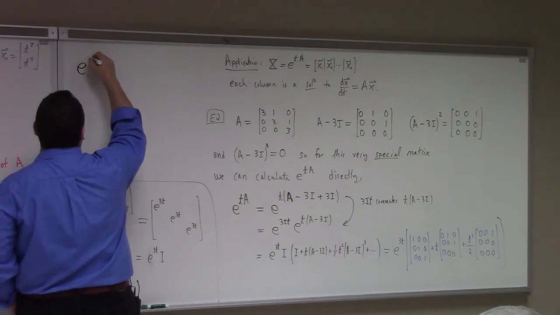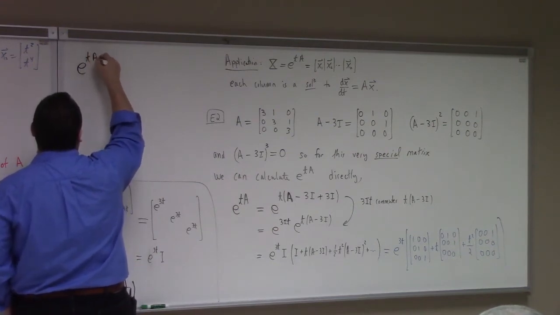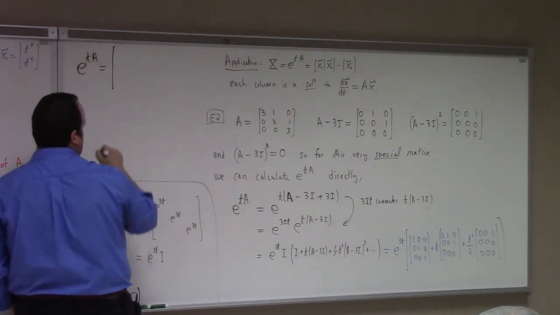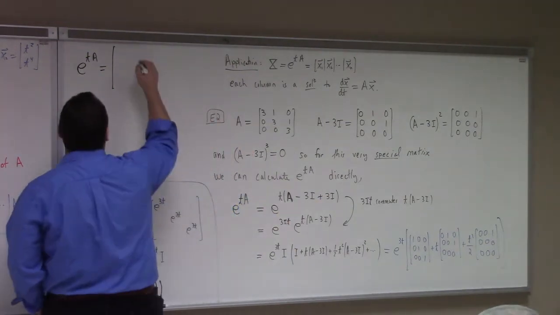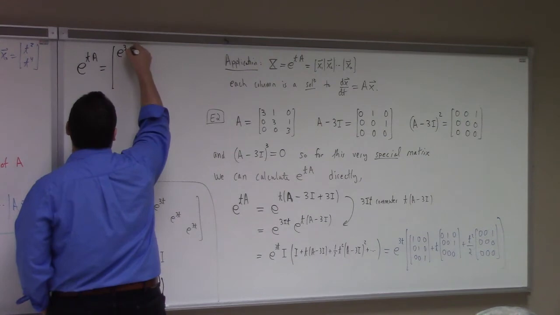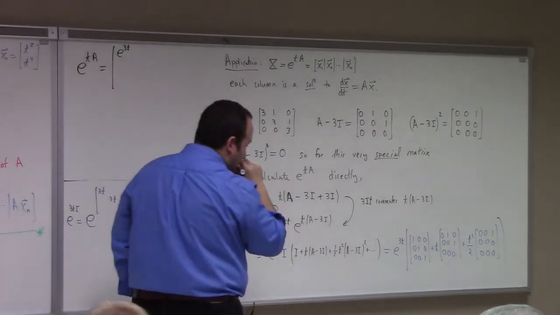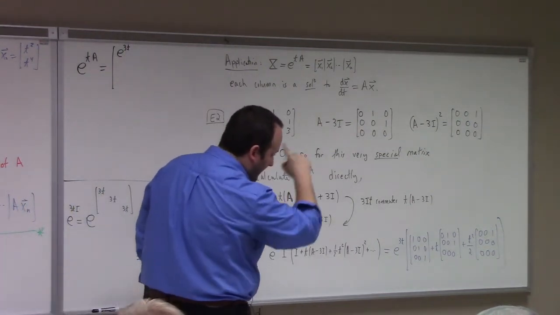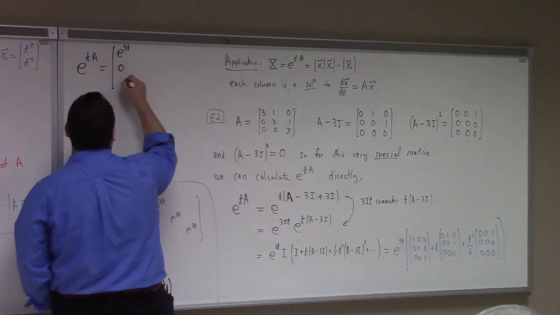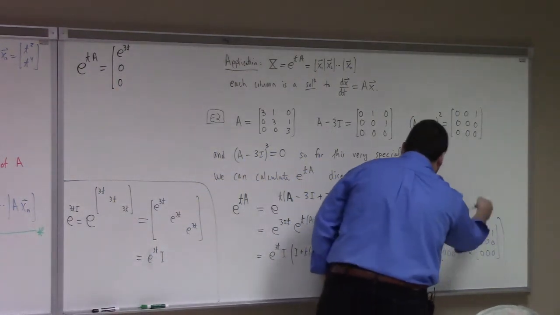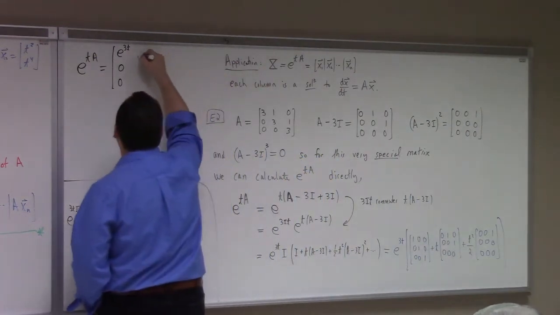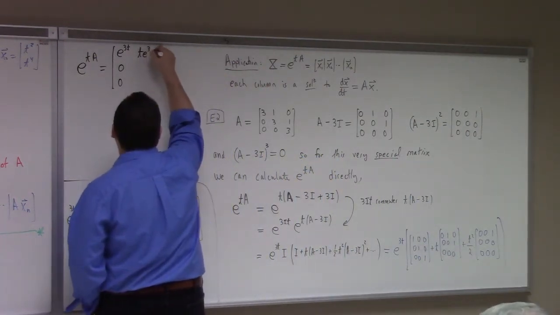So we have e to the tA. We just worked it out. If you multiply the e to the 3t through, we get e to the 3t, and then zeros, first column. What's my second column? I get a t e to the 3t. Anything else?